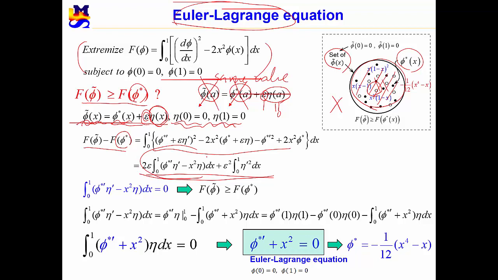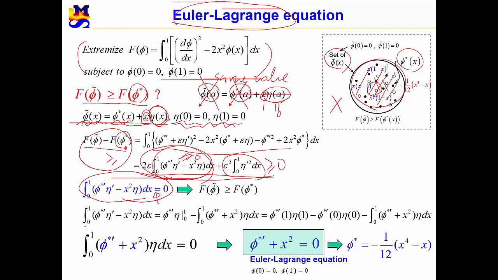We can state if the first term on left side vanishes, then pi star becomes locally minimum, because the second term on the right side is always non-negative. Because epsilon is arbitrary, this term should be 0 to make phi star minimize the functional.